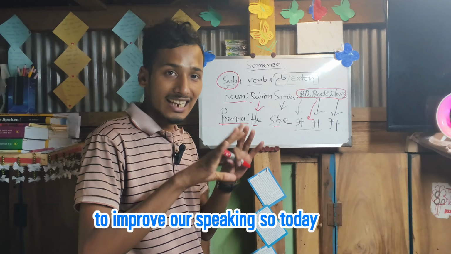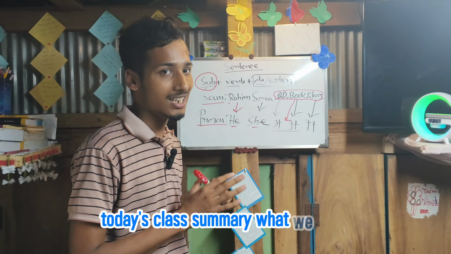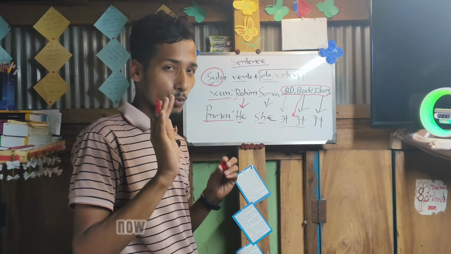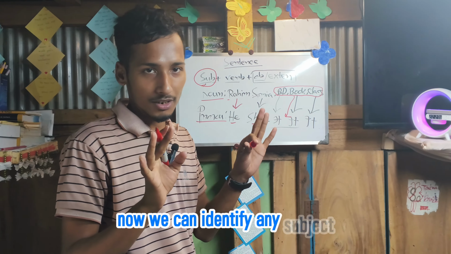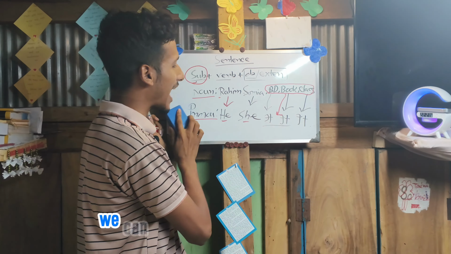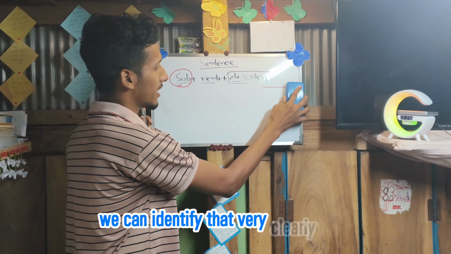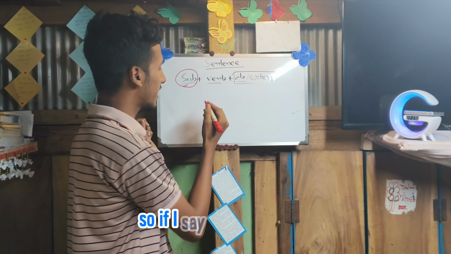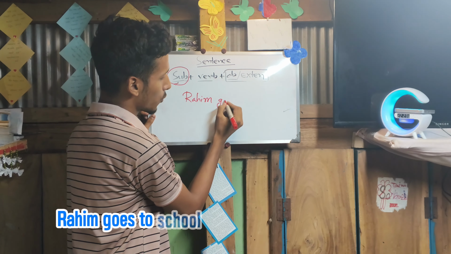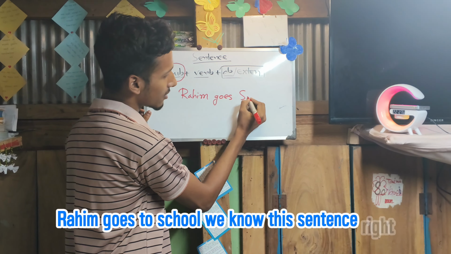So today's class summary: what we learned is subject. What could be subject? Now we can identify any subject. If anyone tells us any sentence, we can identify that very clearly. Okay. So if I say, Rahim goes to school, we know this sentence, right?